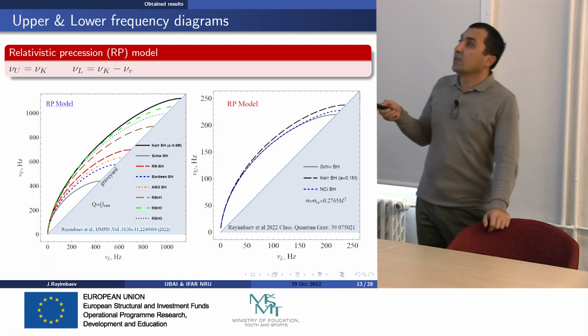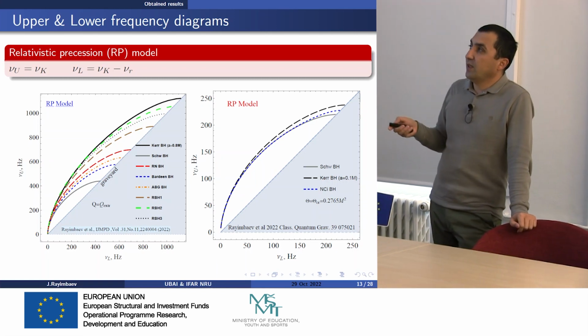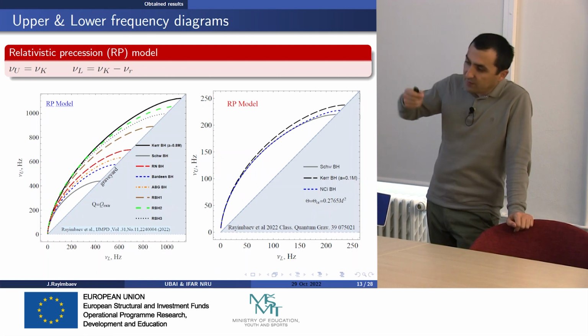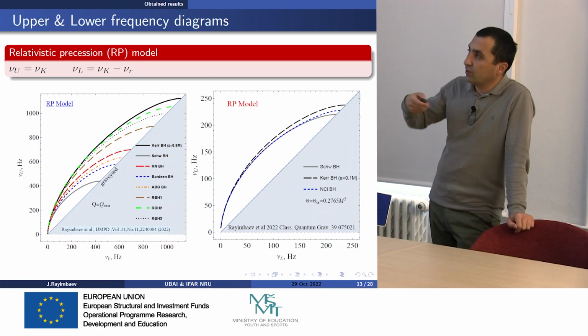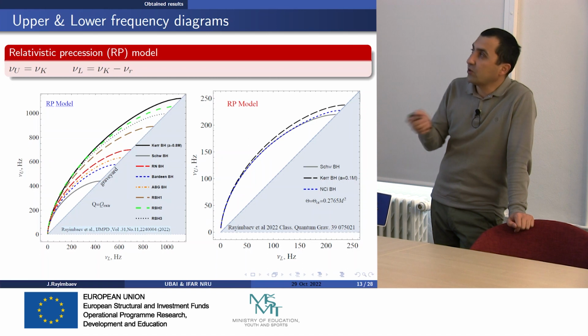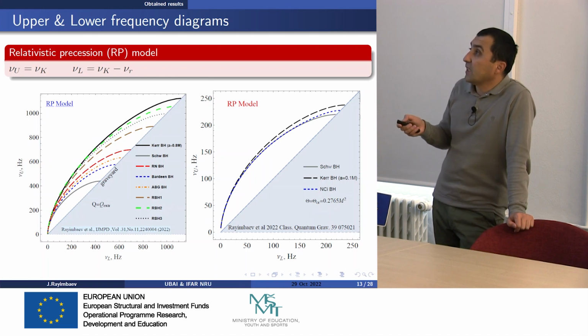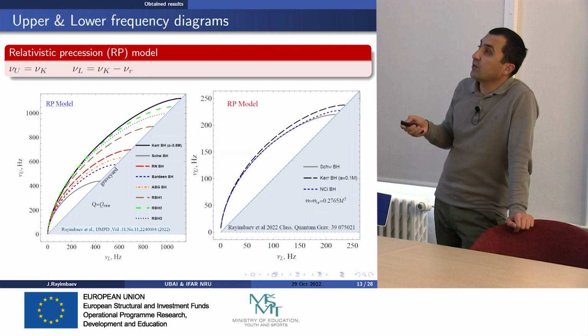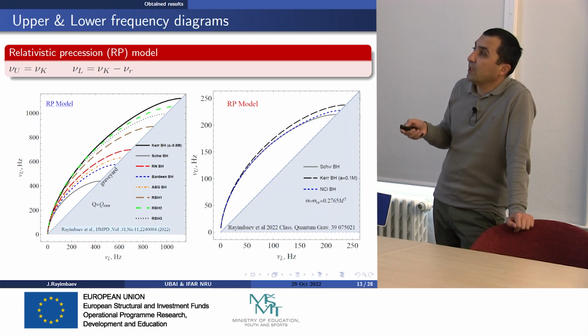Still fixing the mass, if we give some charged black hole with different charge, for example, Reissner-Nordström, Bardeen, we can have some different curves which correspond to the gravitational effects of black hole charge, and this is the curve for the Bardeen black hole.